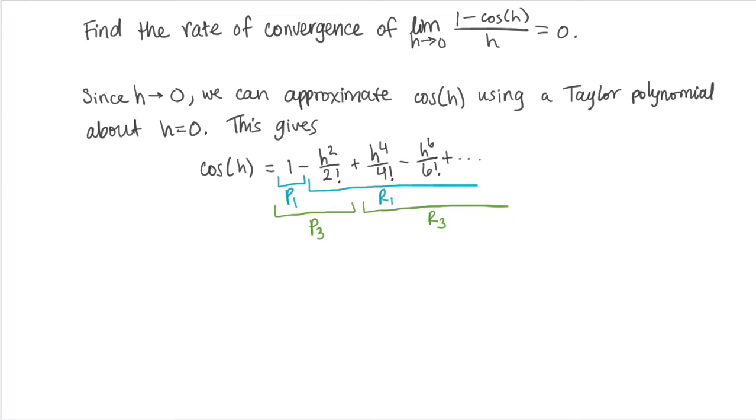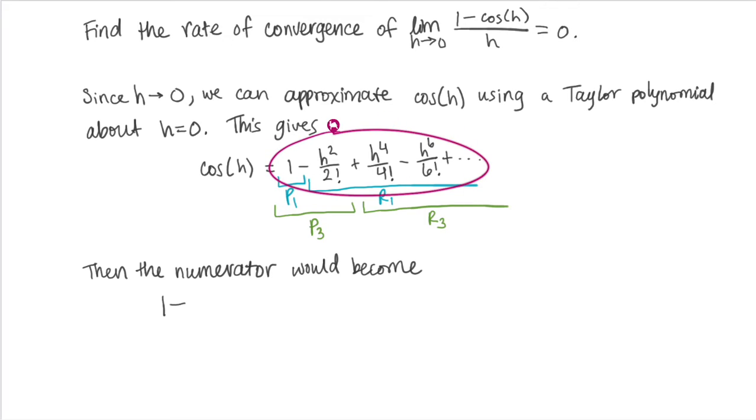Okay. So let's look back at our original problem here. The numerator of our function, 1 minus cosine of h, I'm going to replace cosine with this whole expansion.